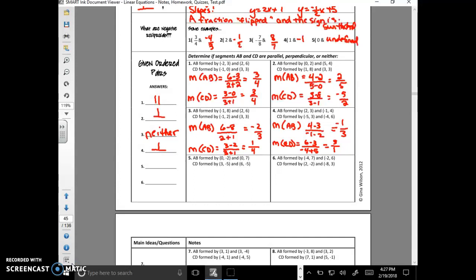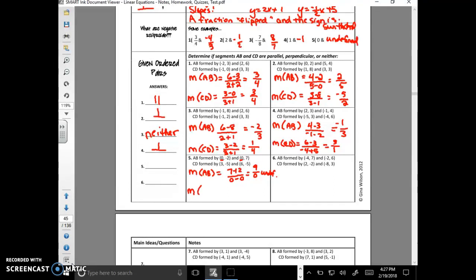Okay, so we're on number 5. The slope of AB is 7 plus 2 over 0 minus 0. And that's 9 over 0, which is, remember, undefined. And don't forget, the x's are the same, so it's an x equals, a vertical line, undefined slope, x equals 0.